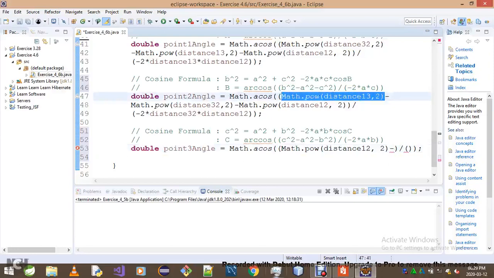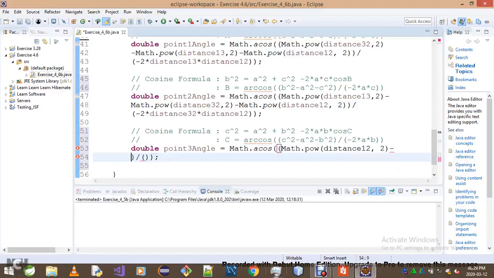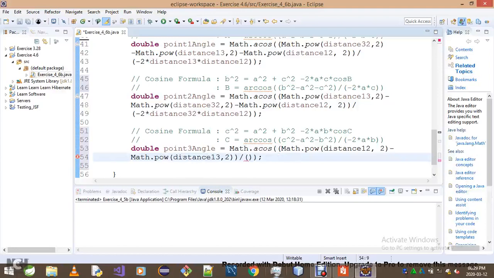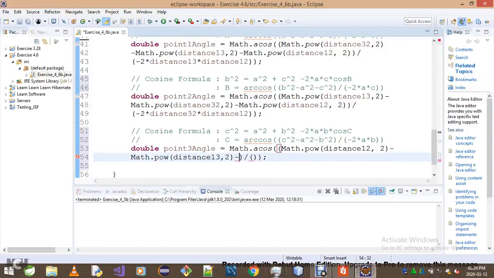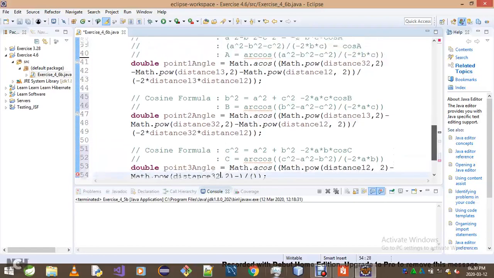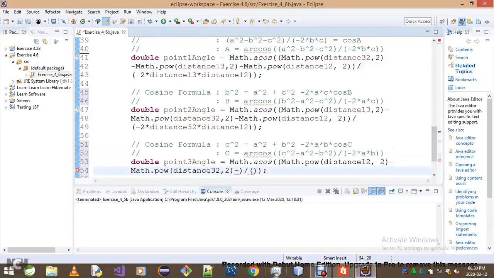Let me go to the next line though. That's our A squared. Again, we go minus B squared. Where is our B squared? Here it is right here. So my B squared is right here.